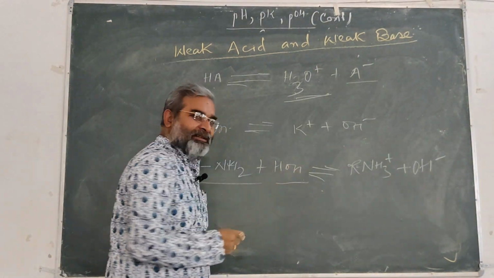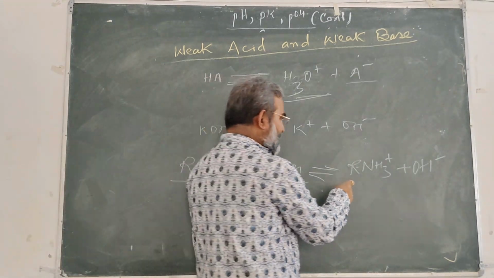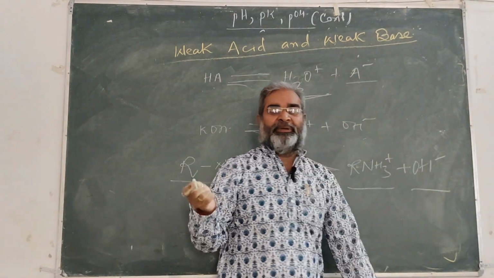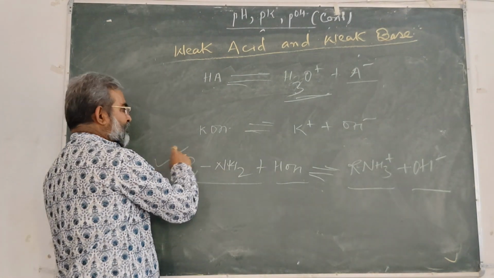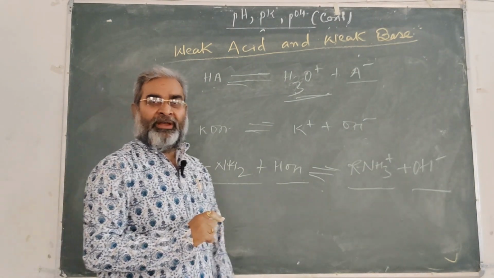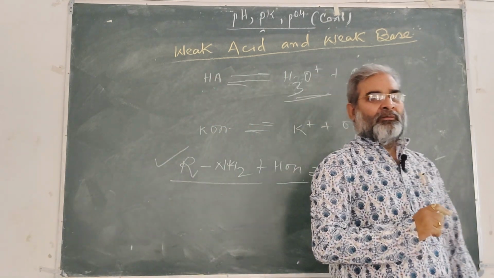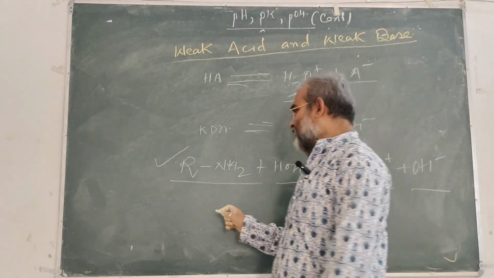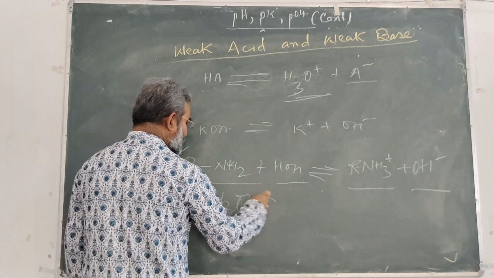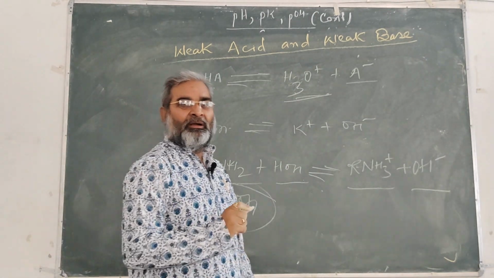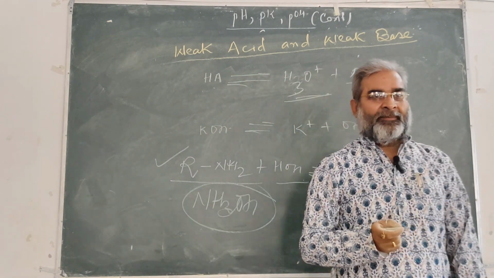Here it acts as a conjugate acid. Here is the conjugate acid. Here is the conjugate base. This one is the weak base. Ammonium hydroxide, for example, is a weak base.